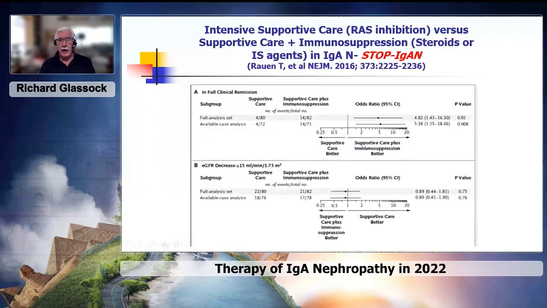The results of the STOP IgN trial were interesting in that at the conclusion of the study at about 3 years, there was a greater extent of full clinical remission in the supportive care plus immunosuppression group.